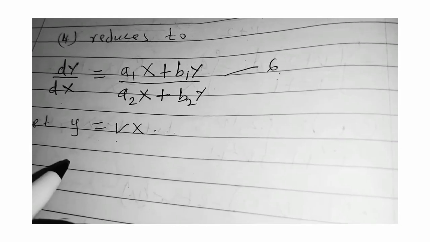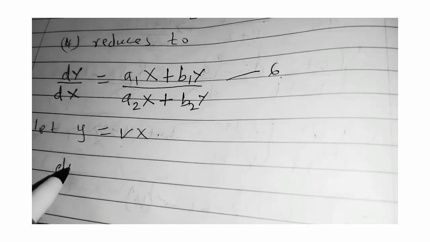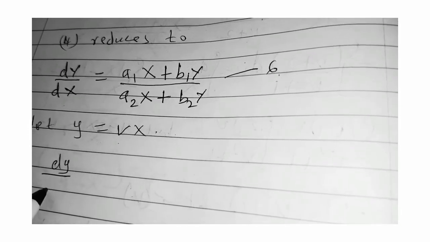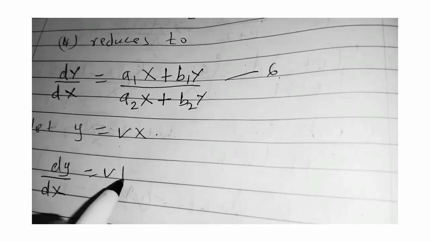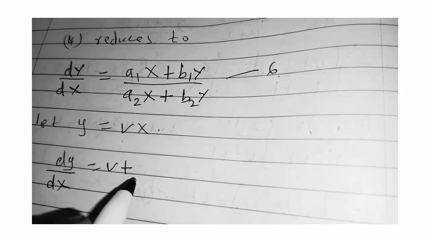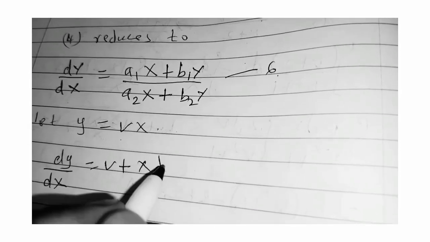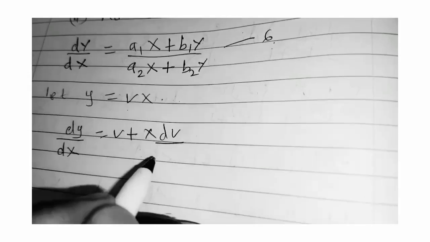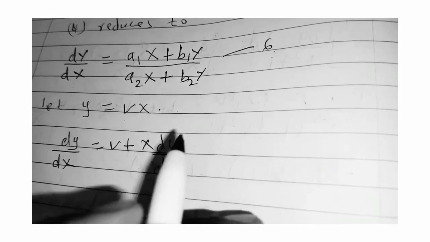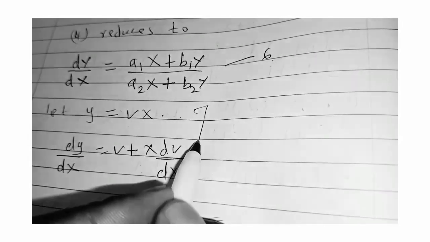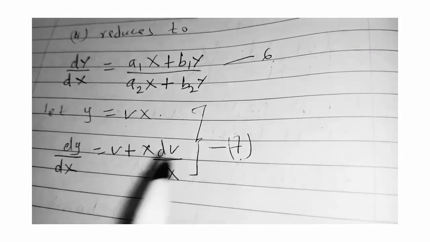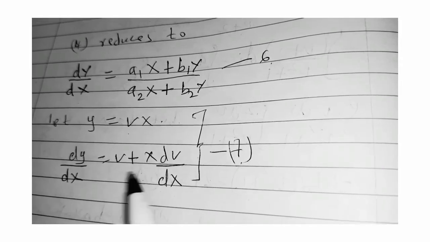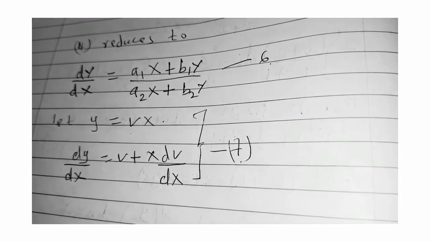Then, of course, we differentiate both sides: dy over dx is equal to v plus x dv over dx. You call this 7. Then you compare 7 with 6.